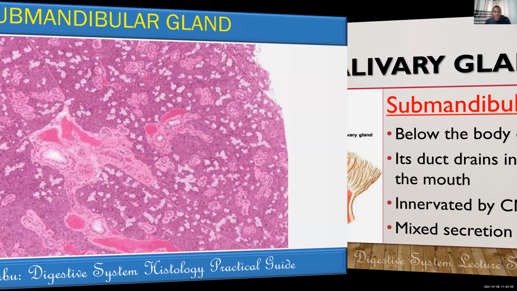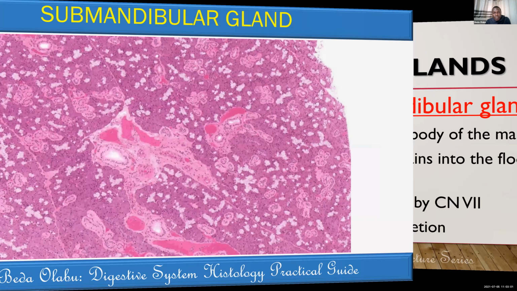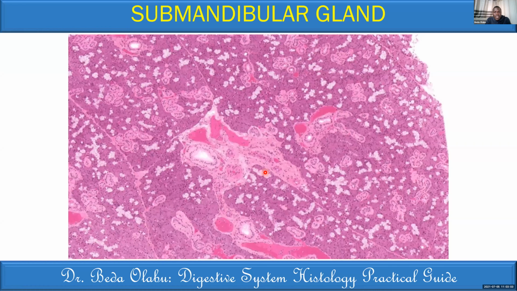So this is how a submandibular gland would look like. At face value, you may think this is parotid because you're seeing ducts, yes, you're seeing lobulation, yes. You are seeing mucus acini, you're seeing serous acini. The mucus acini at this magnification may confuse you for the scattered adipocytes, and so you might want to call this parotid.